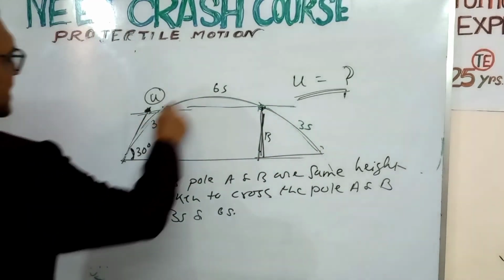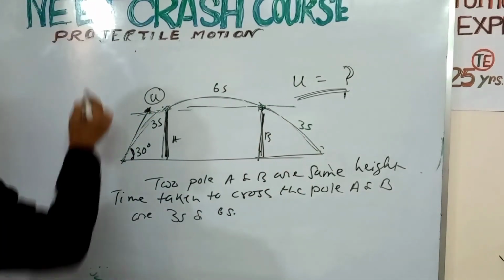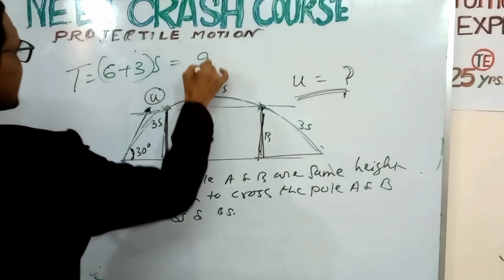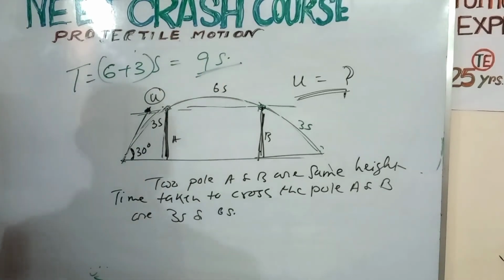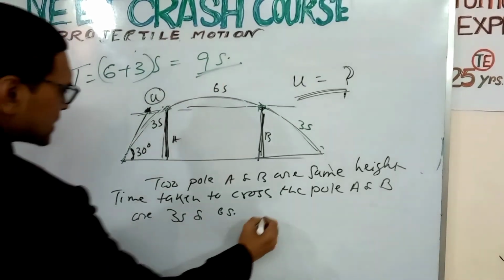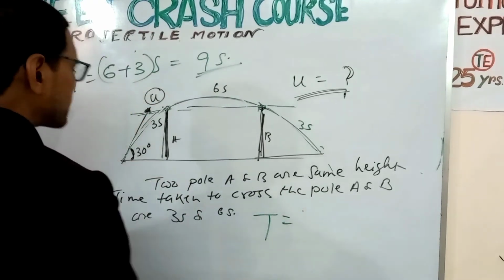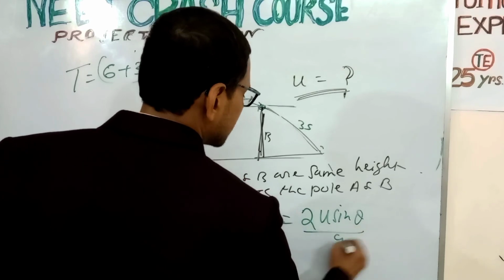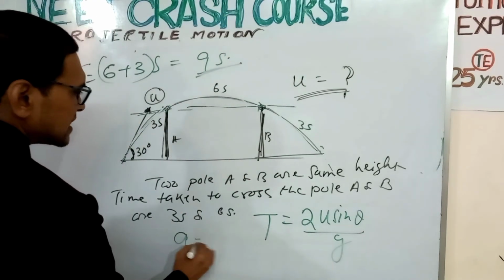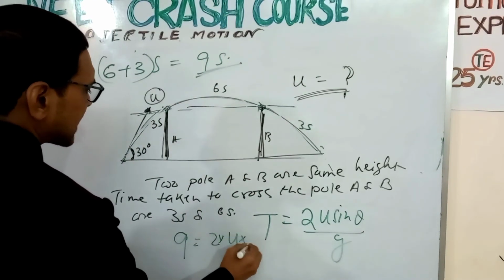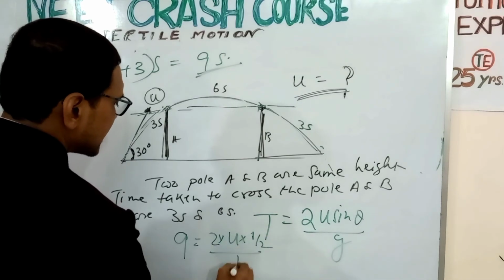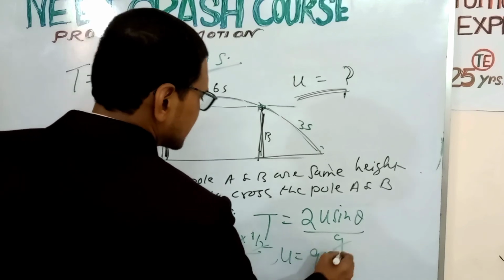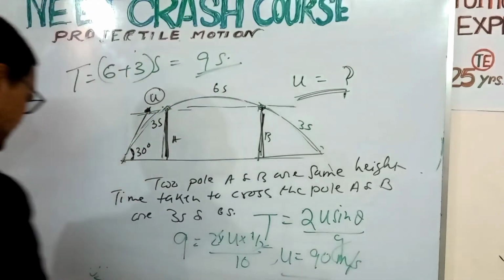So this is 6 seconds and this is 3 seconds. Total time of flight will be 6 plus 3, that is 9 seconds. Now the formula of time of flight is 2 u sin theta by g. So 9 equal to 2 u sin 30 degree by g, with g equal to 10. So we get u equal to 90. This is the result.